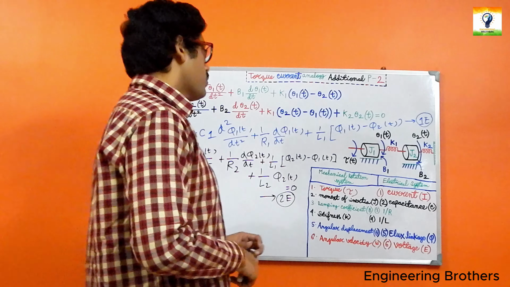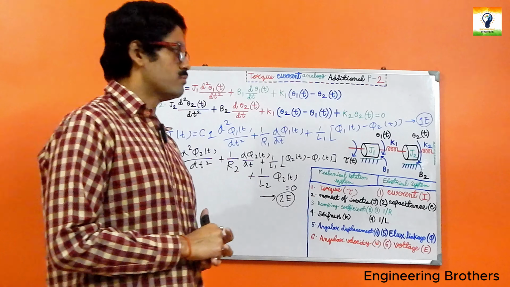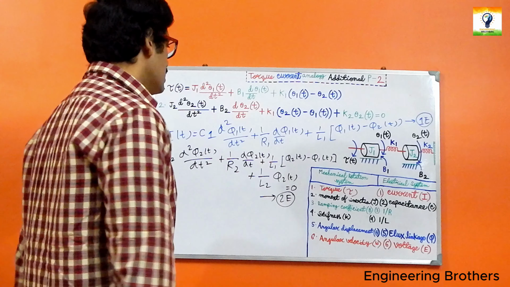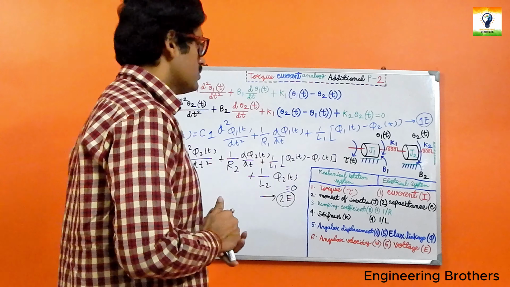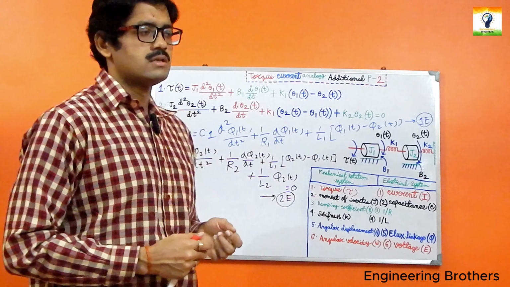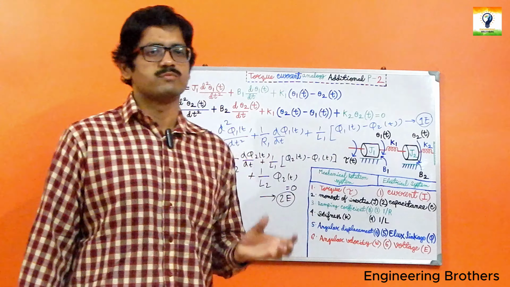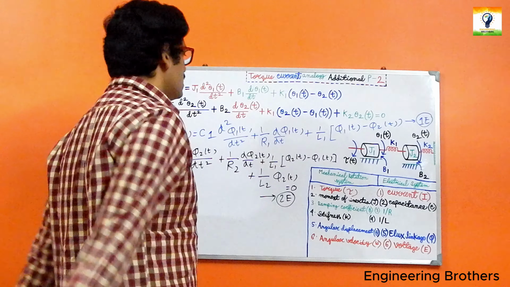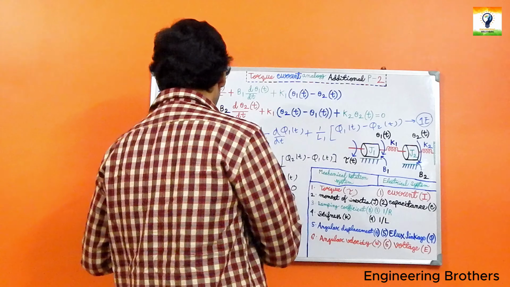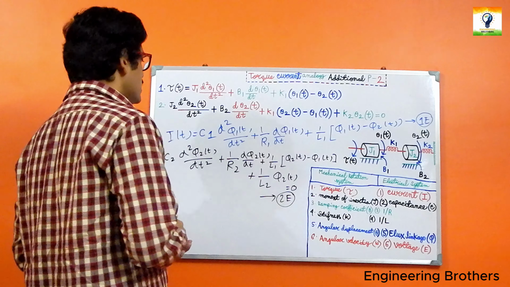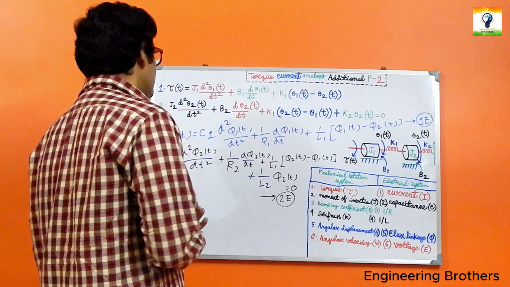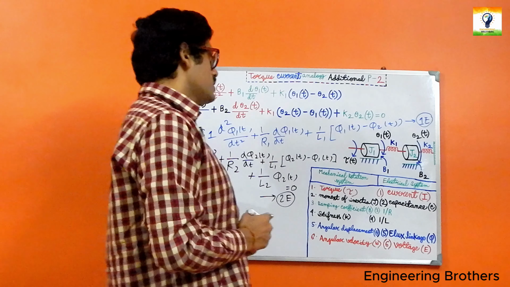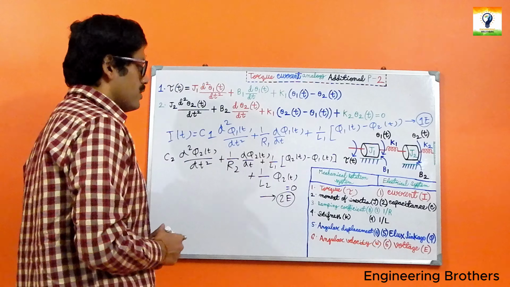What is the process to make the circuit more modified? Just by looking at these equations, we can't draw an electrical circuit, because electrical equations have voltage and current elements, while these equations are expressed in terms of flux and many other parts. So we need to interchange those flux elements. What is the process to make that happen? For that, we need to utilize the analogous concept, or analogous table.